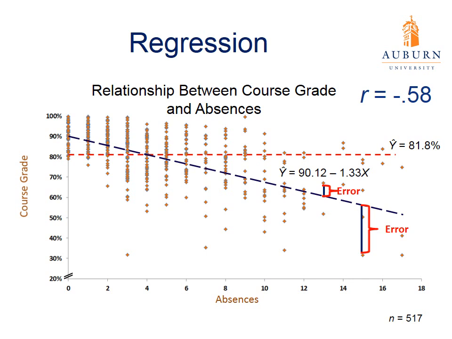And so our new equation, once we add a predictor, will be y hat, so again y with the caret above it, will equal 90.12 minus 1.33 times x, where x is the number of absences. So we can get a predicted grade by taking a constant of 90.12% minus 1.33% times the number of absences. And that will give us a better prediction.